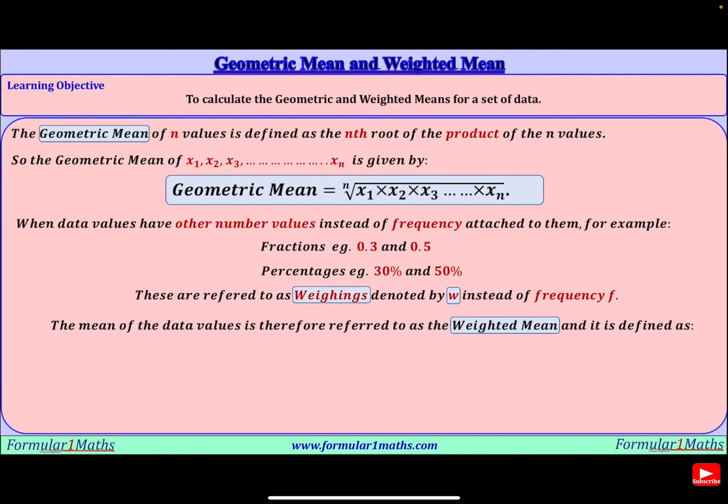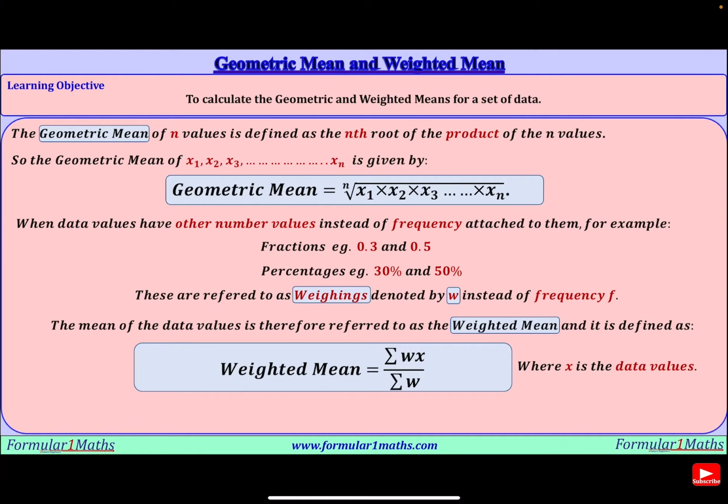In that case, the mean of the data values is referred to as the weighted mean, and this is defined as the sum of the product of the data values x and its weight divided by the sum of the weightings.